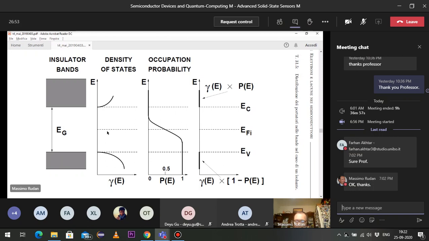So in this material, there is no band that is partially filled, okay? They are either completely filled or completely empty. Therefore, there is no band that is able to contribute to the current density, and this material cannot have current density, so it is an insulator. So this is the typical situation of an insulator, okay?